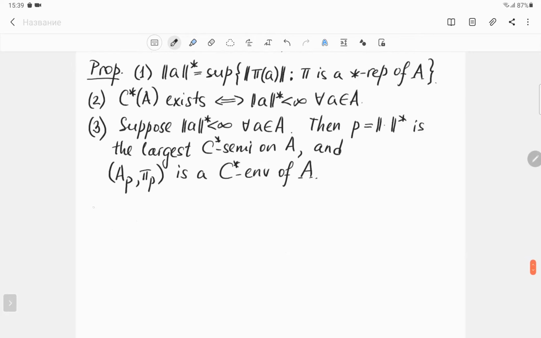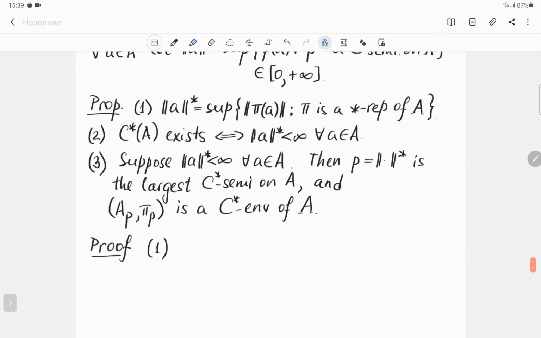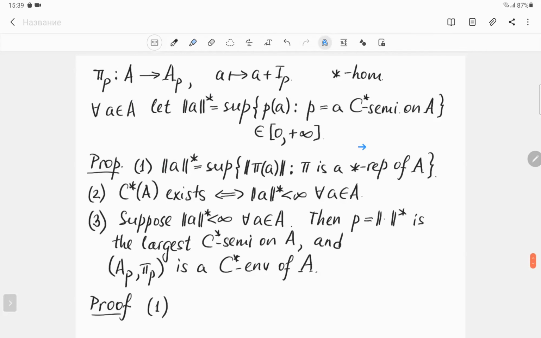Okay, so let's now prove this result. Well, first of all, if we look at part 1, it's more or less clear that the right-hand side here is less than or equal to the left-hand side. So the left-hand side is defined in terms of C-star seminorms.